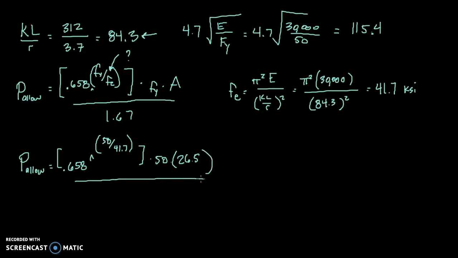And then we'll divide that all by 1.67. And that is equal to, I'm getting 480 kips, which is greater than the 400 kips that is being applied to it.